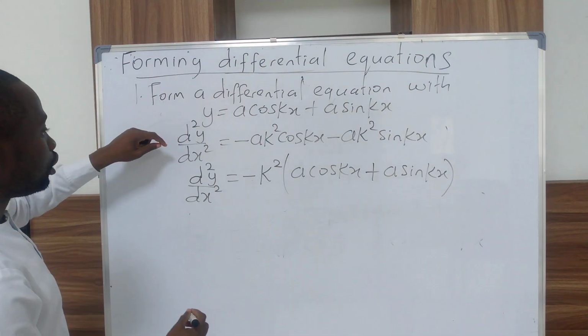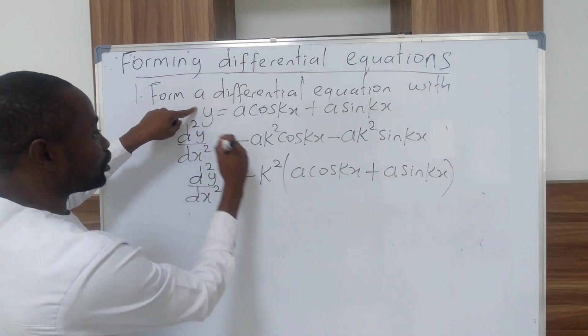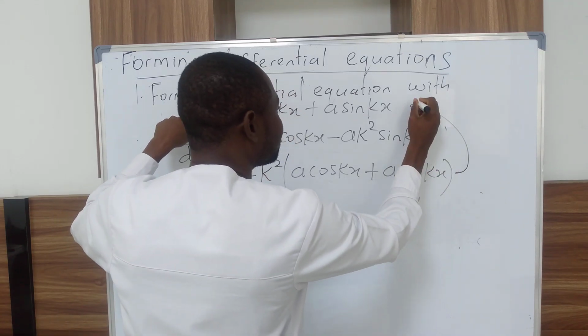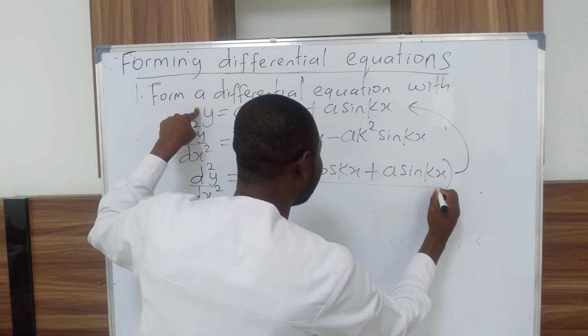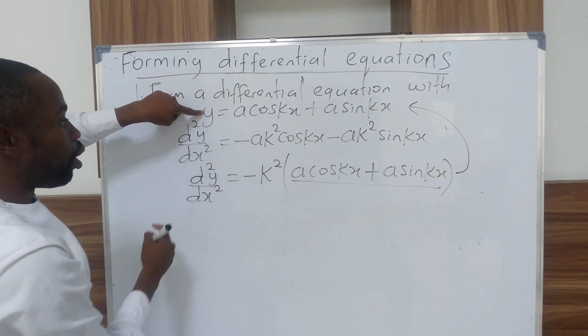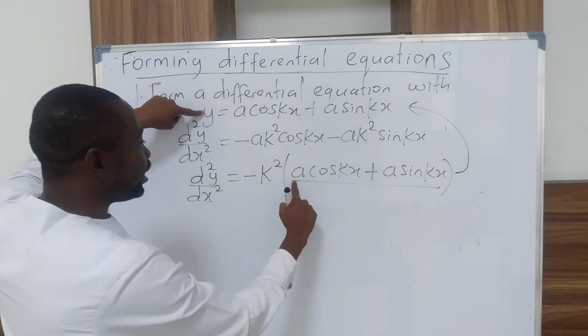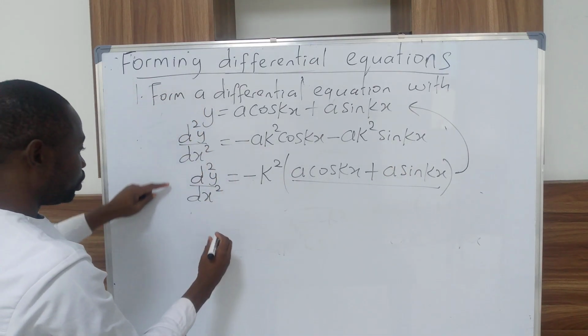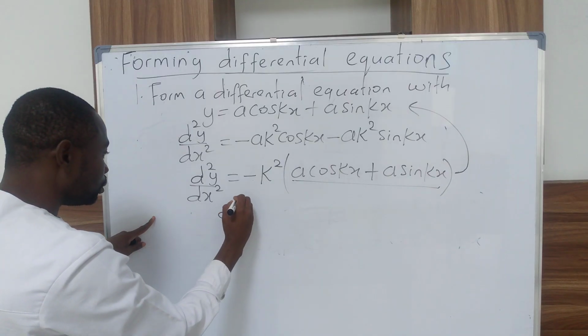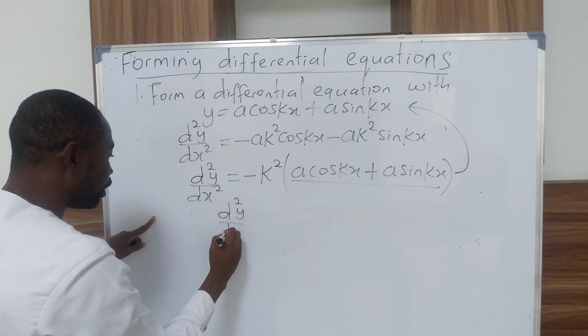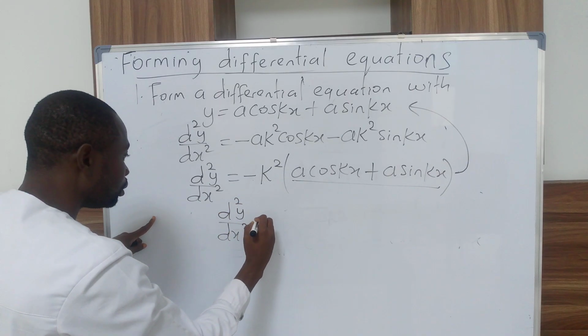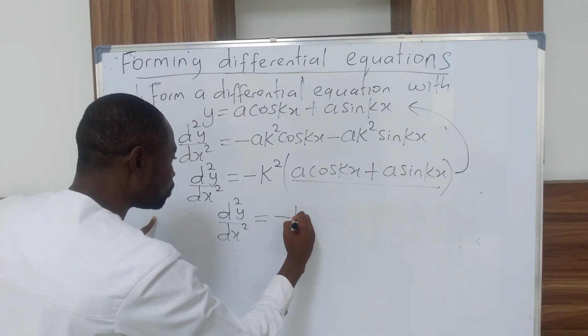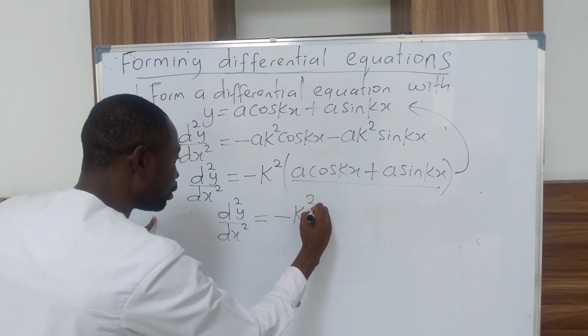Now, if you compare this with this, you will discover that what is here is our y. So we are going to replace a cos kx plus a sin kx with y. So this will now give us d squared y over dx squared is equal to minus k squared y.